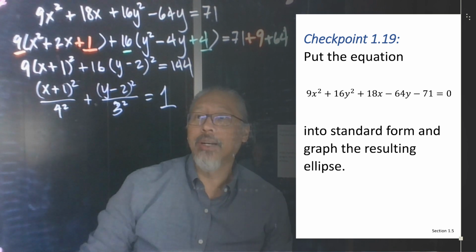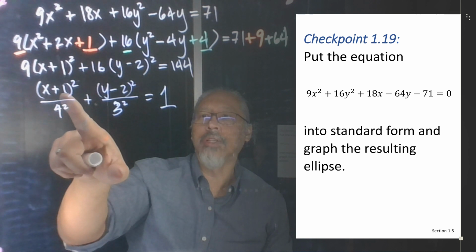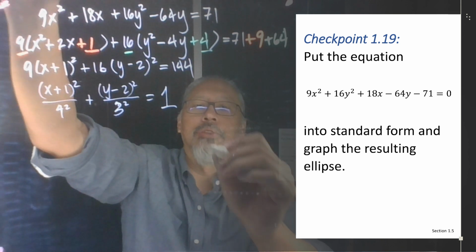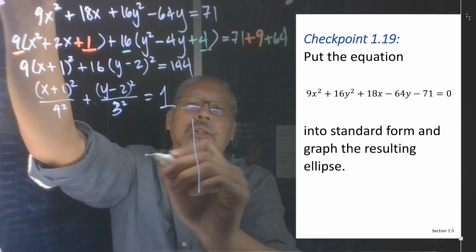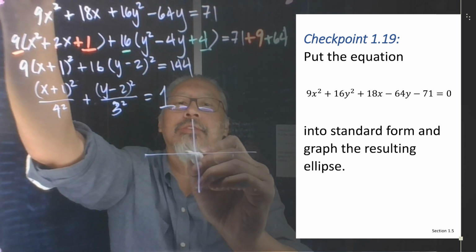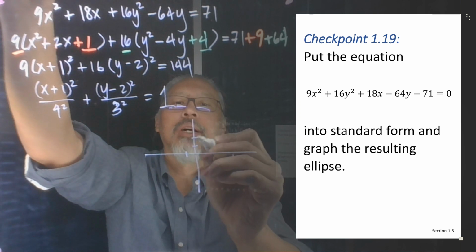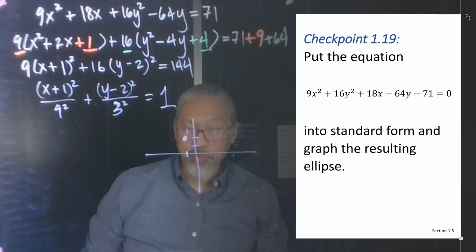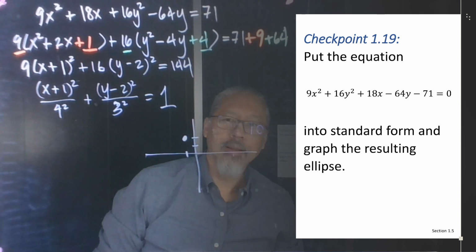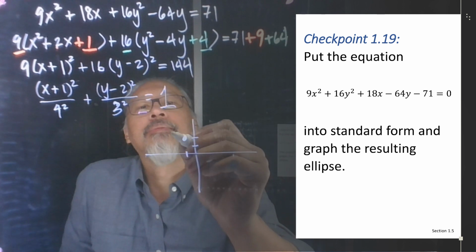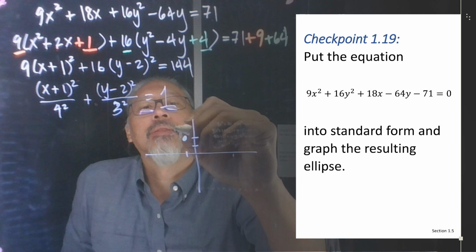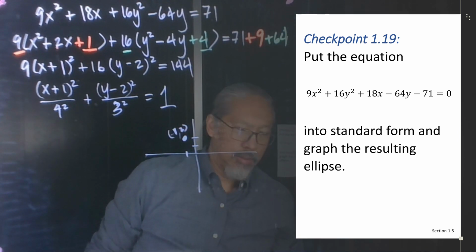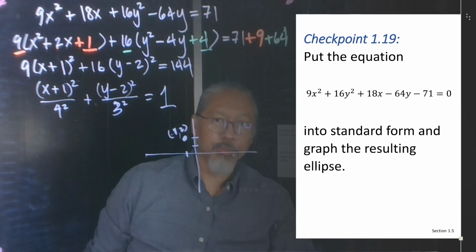We can identify that the center point of the ellipse is -1, 2. So let's draw the ellipse, and let's identify -1, 2 as our center point. Let's label it -1, 2. That's our center point.